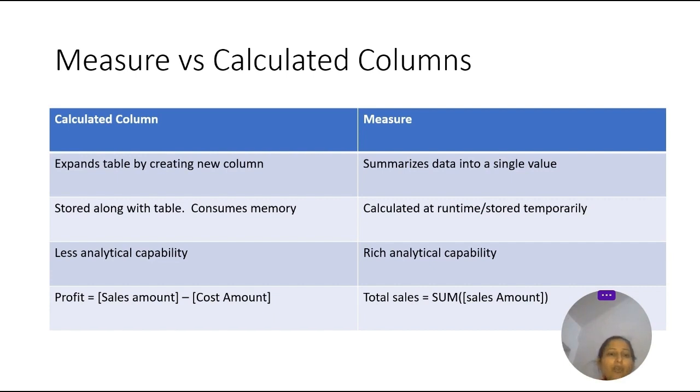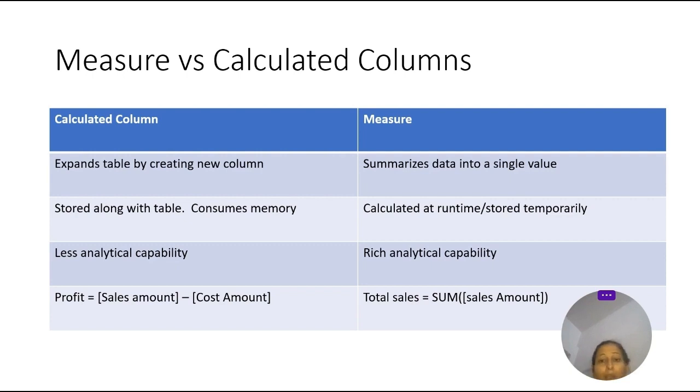If we want to calculate the profit in any given table, how can we calculate it? Where sales amount and cost amount are given for any product, we can calculate profit equal to sales amount minus cost amount. So in a calculated column, it will add a new column for the profit.